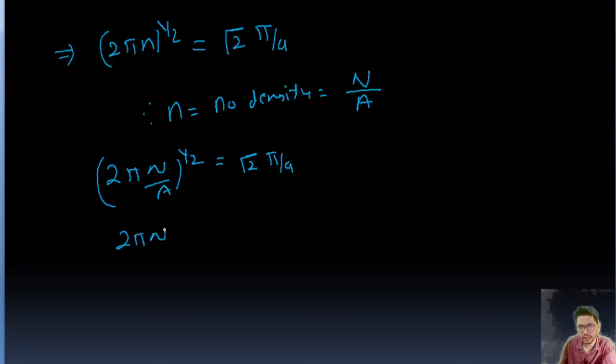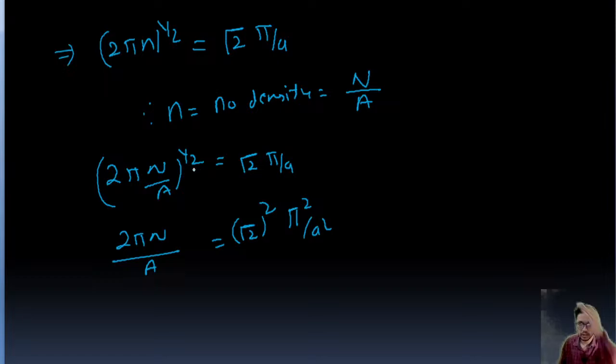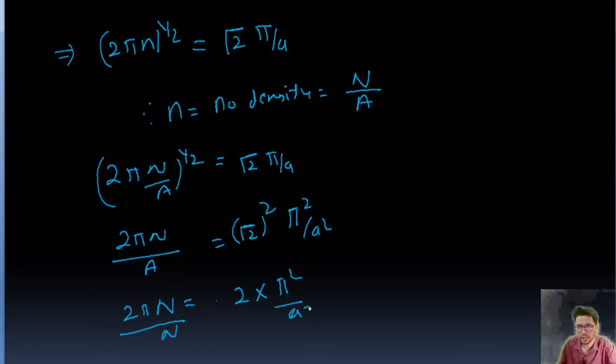The root to the power 1 by 2 will go this side, and this will become pi by a to the power 2, that means pi square upon a square, right? So from here n is going to be 2 into pi square upon a square, right?